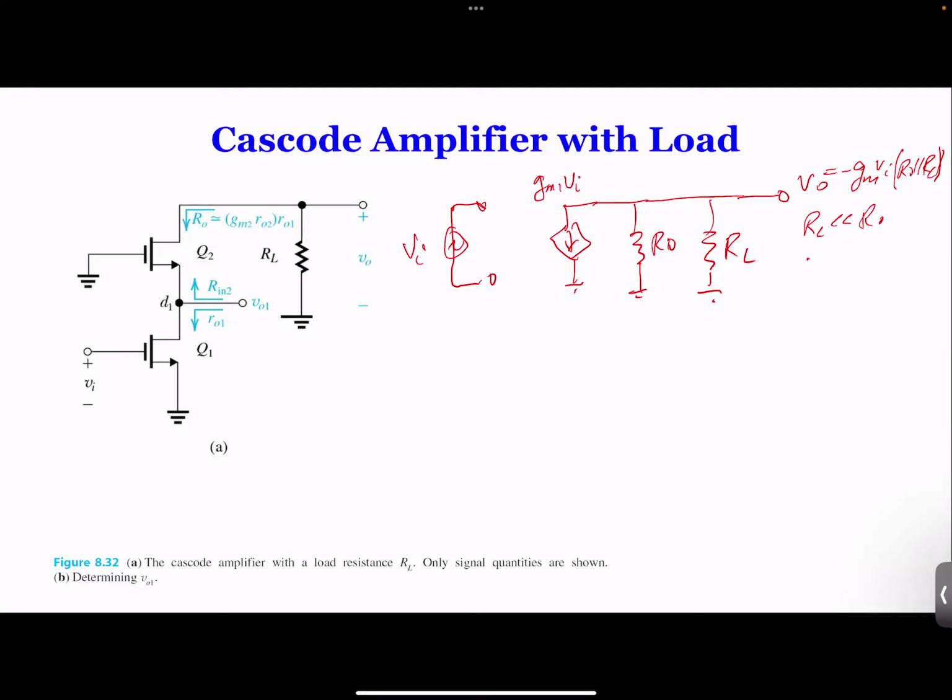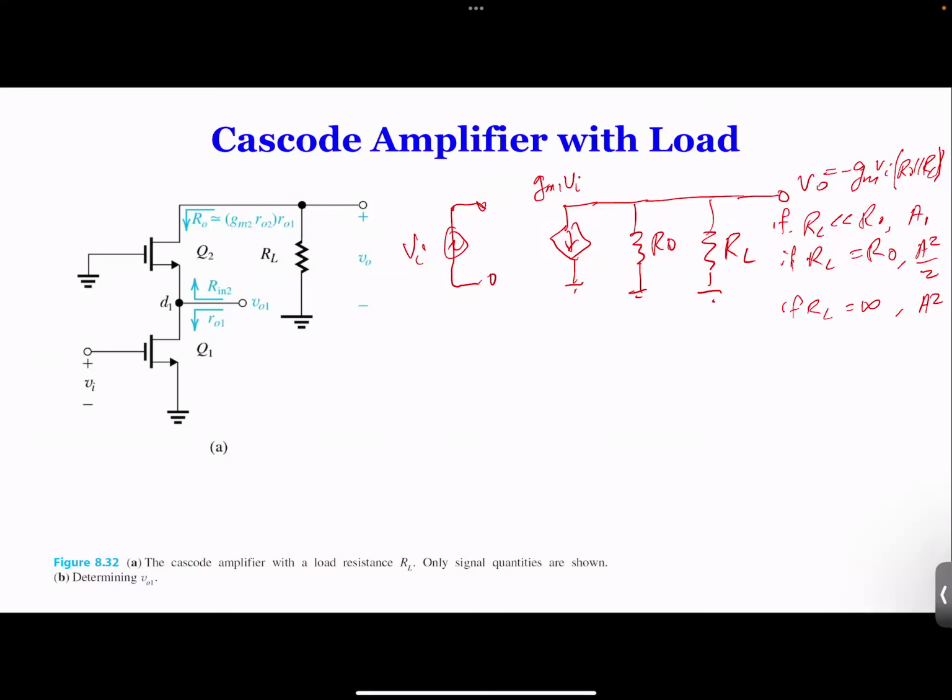But if RL is equal to RO, then the gain goes back to A1, and this goes to A squared over 2. And if RL is infinity, this goes to A squared.